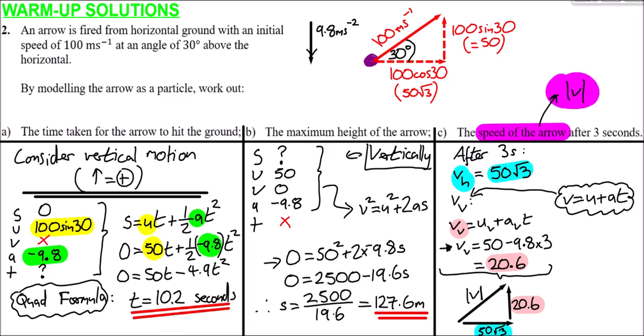So now, hopefully you'll see it's just a case of Pythagoras, to be honest. So now, V is just going to be 20.6 squared plus 50 root 3 squared, all square rooted. So we can do this using the calculator. So 20.6 squared plus 50 root 3 all squared.